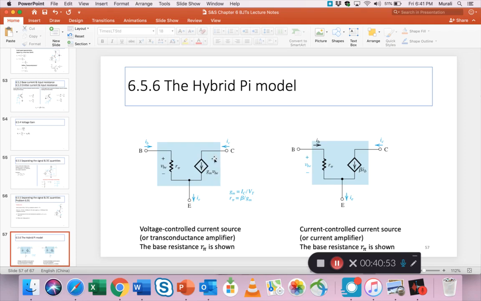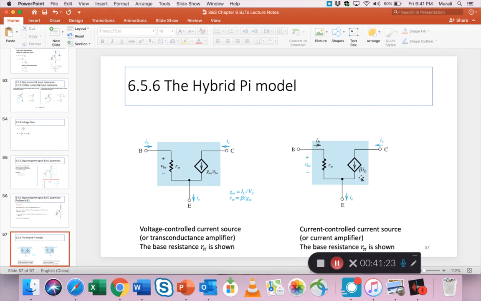Dependent current source. So the model is that the dependent current source can be shown to be dependent on an independent voltage source VBE multiplied by this factor GM. And you also need to know R pi to complete the model.